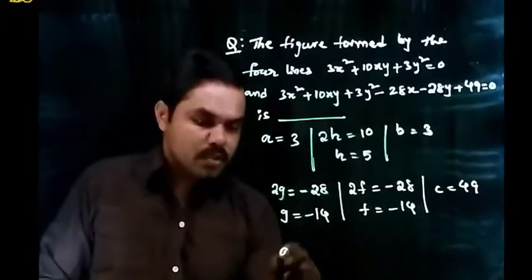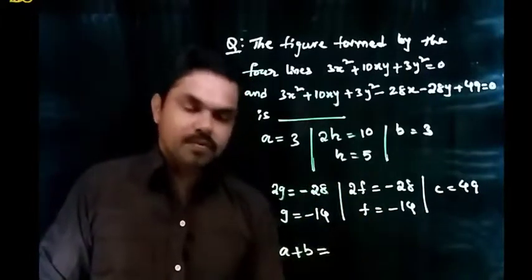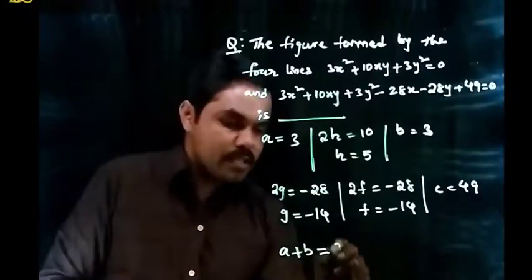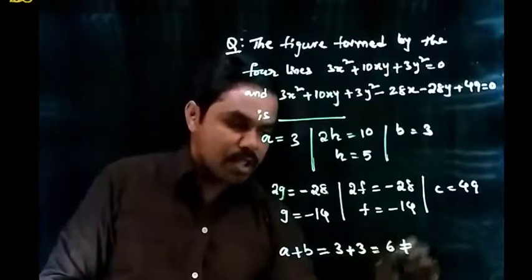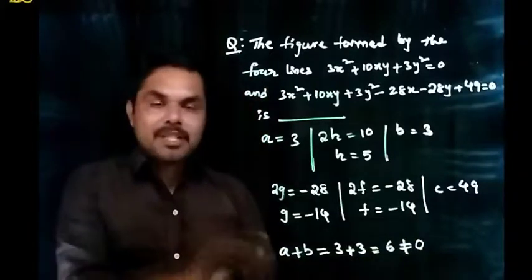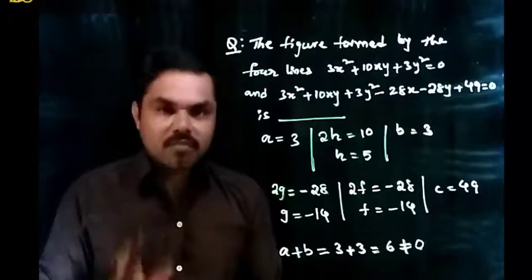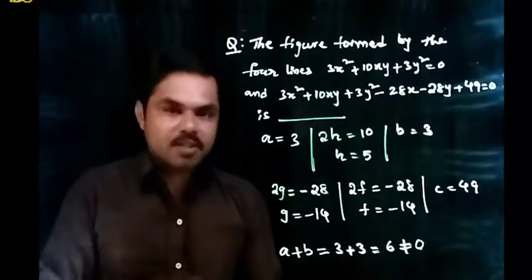First of all, find out what is a plus b. The a value is 3 and the b value is also 3, that is equal to 6. It is not equal to 0. So when a plus b is not equal to 0, we can confirm that this question belongs to case 1.